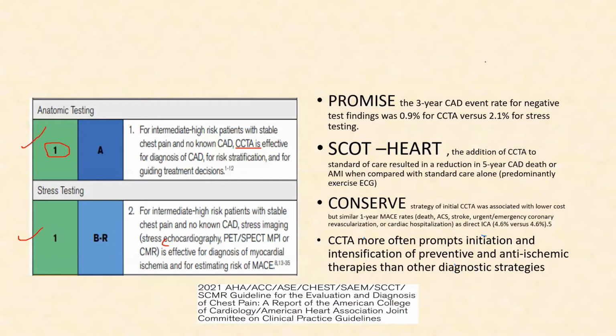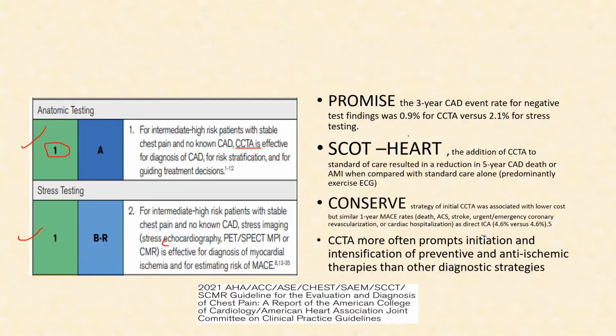In PROMISE, the 3-year coronary artery disease event rate for a negative test finding was 0.9 for cardiac CT versus 2.1 for stress testing. What's the meaning of that?